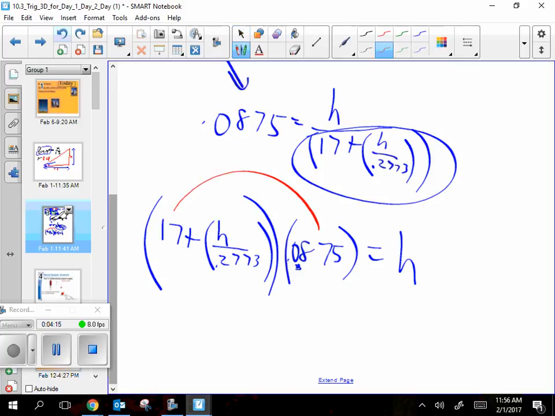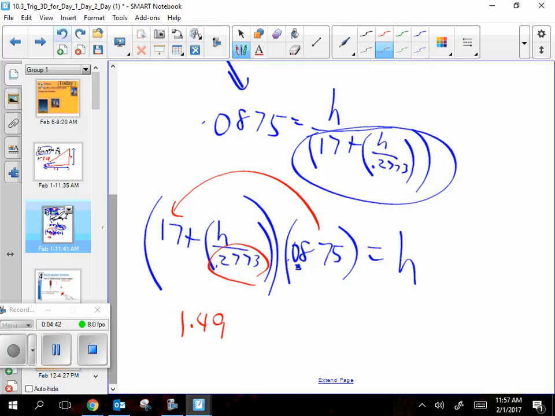So I'm going to assign you, Mr. S, could you please take 0.0875 and times it by 17? And I'm going to ask you to take 0.0875 and divide it by 0.2773. What did you get, Mr. S? 1.49.